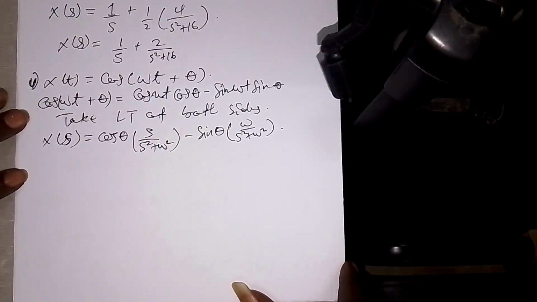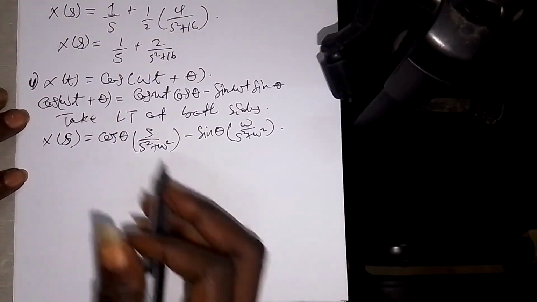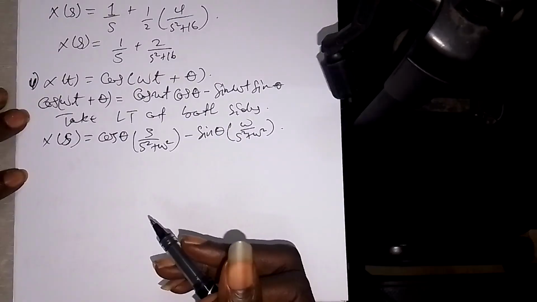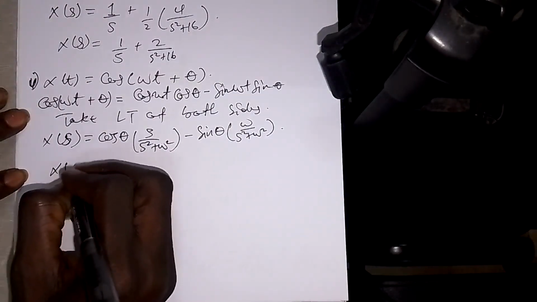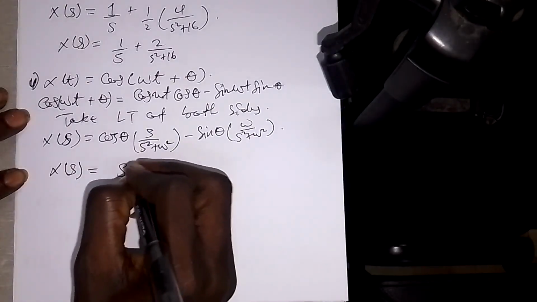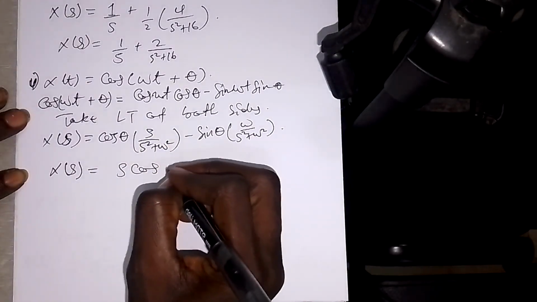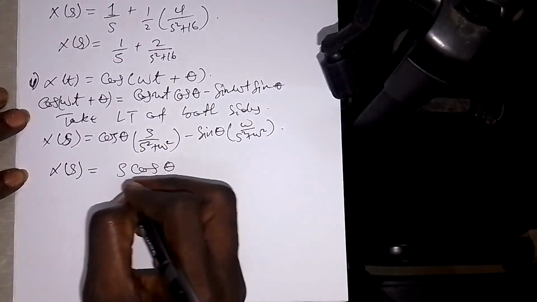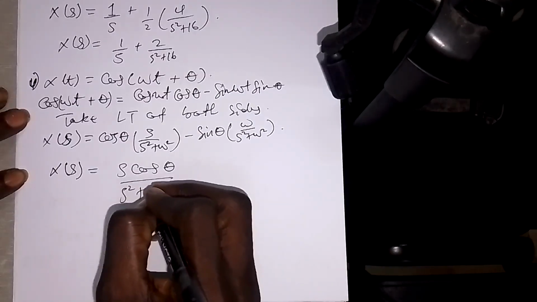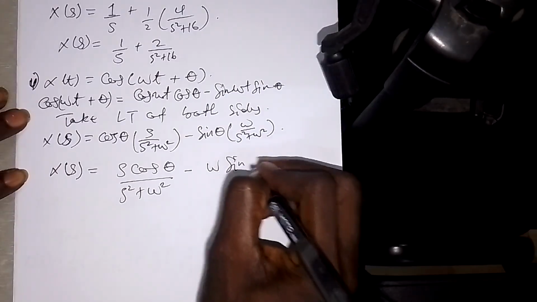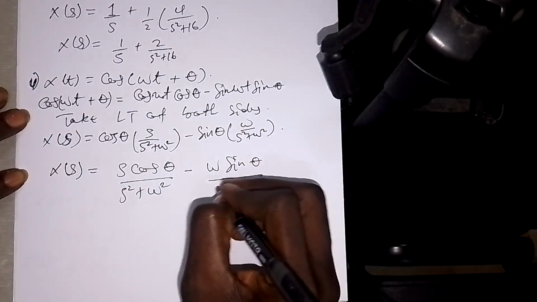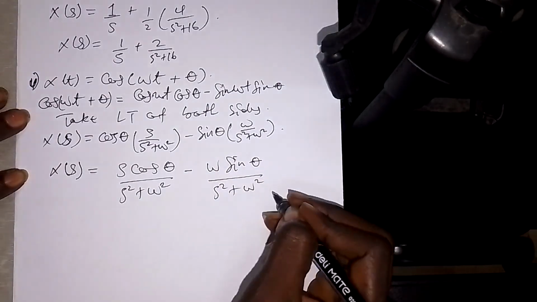So now, if we have this, we are done. We can just say that x of s equals s cos theta over s squared plus omega squared minus omega sine theta over s squared plus omega squared.